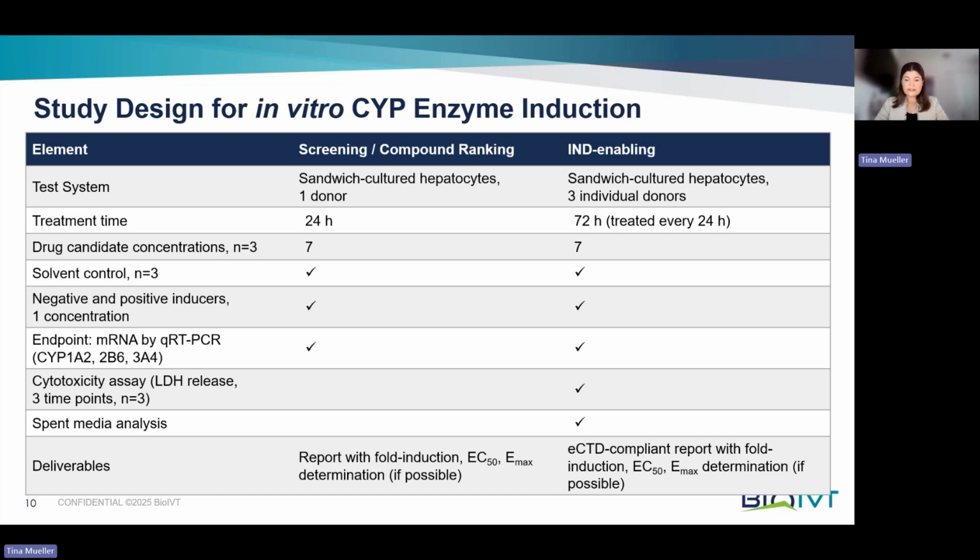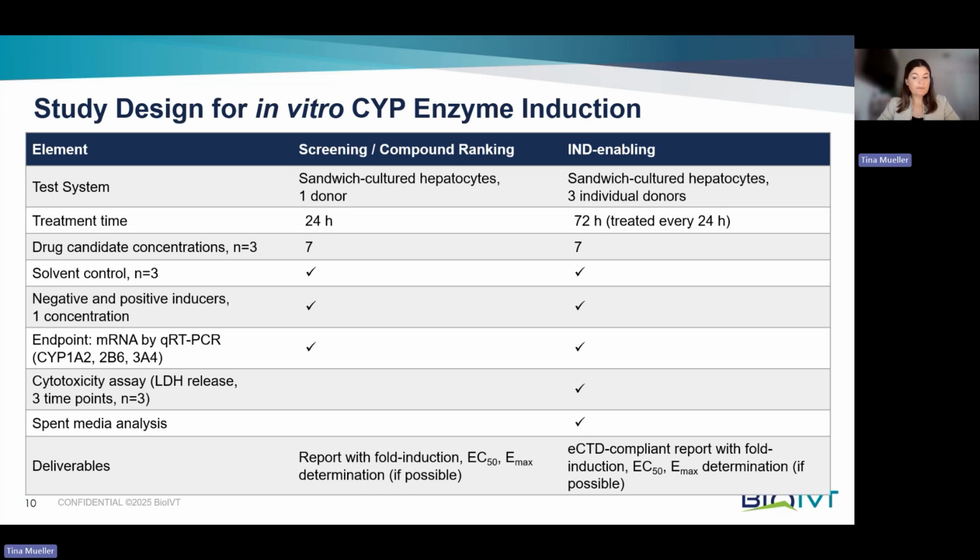For both of these designs, CYP induction studies are performed in single donor human hepatocytes. And for compound ranking, one donor is usually sufficient, whereas for IND-enabling studies, 3 individual donors are typically evaluated.